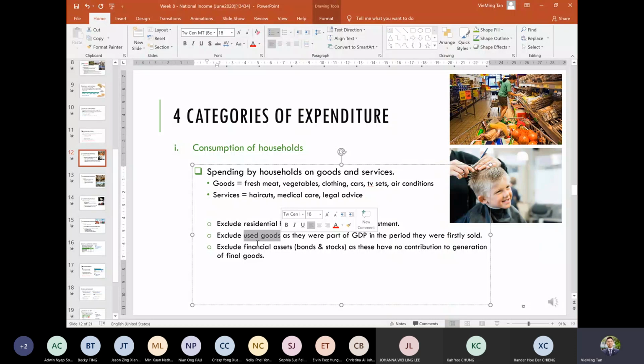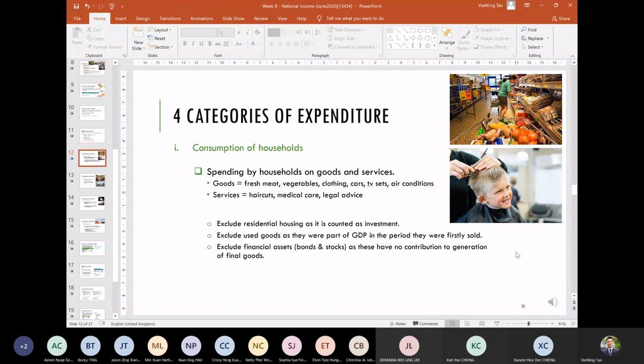So remember, used goods should not be included in the calculation for C. Another type of transaction involves financial assets like stocks, bonds, shares. This also should not be included in the consumption of households.